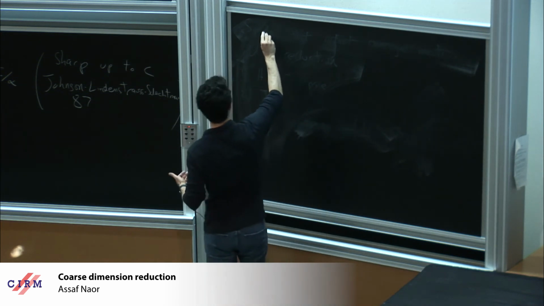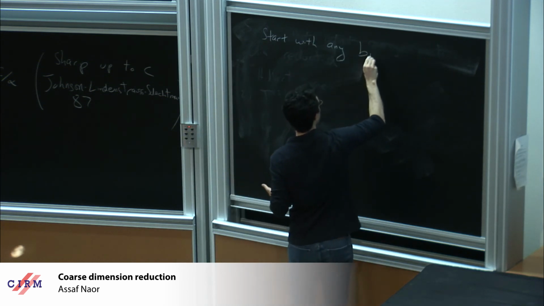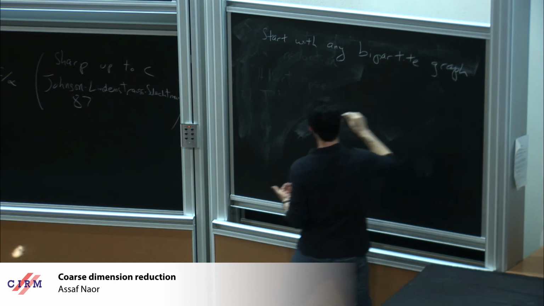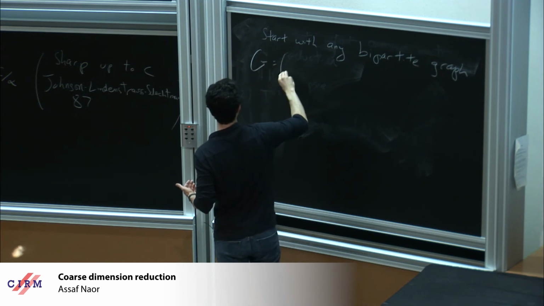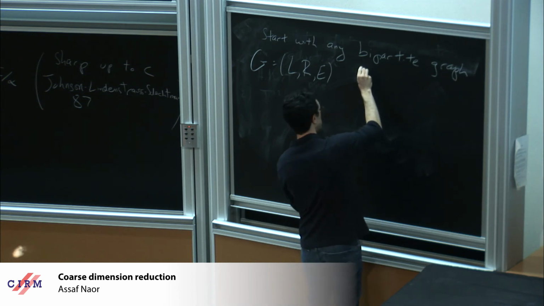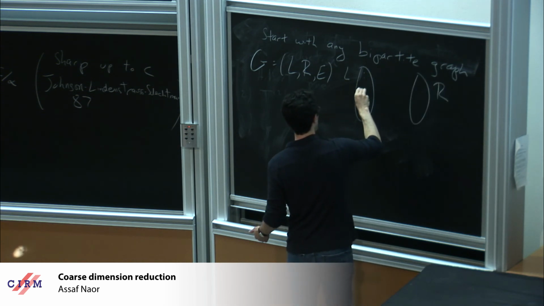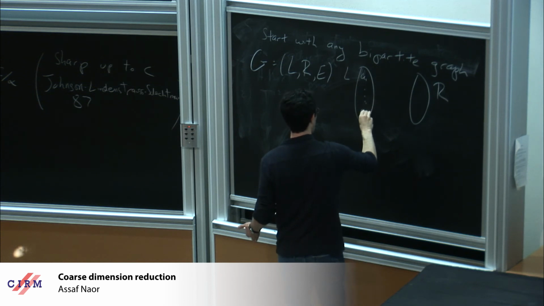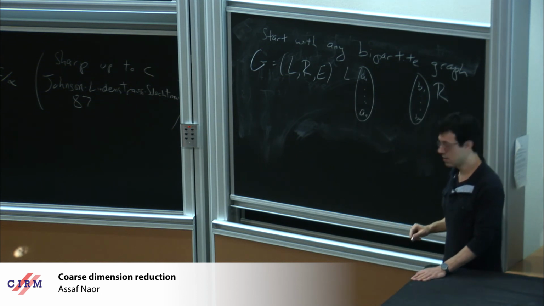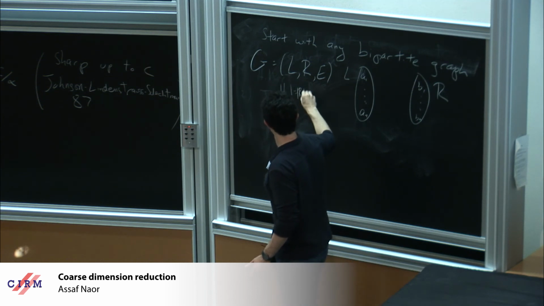So start with any graph, any bipartite graph G. So there is the left side, the right side, and edges. So this is L, this is R. Let's say that the vertices are A1 up to An, and here it's B1 up to Bn, and there are some edges going across.